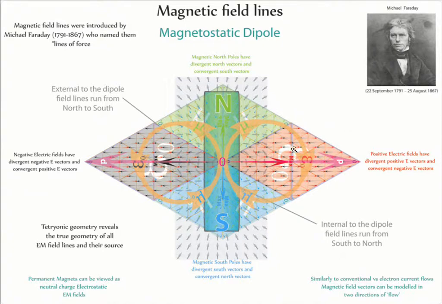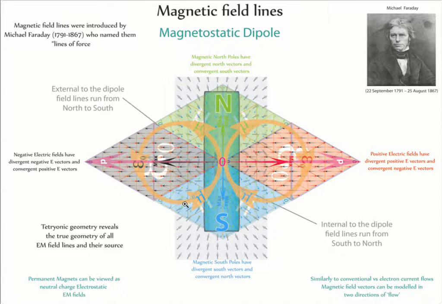But for example, an electron placed in this field would be pushed in the same direction because of the north and south fields, and the conventional current flow would be in the opposite direction. So Tetrionics gives us the true electric permittivity and magnetic permeability of the energy fields that make up the energy of bar magnets, as well as the energy of photons.